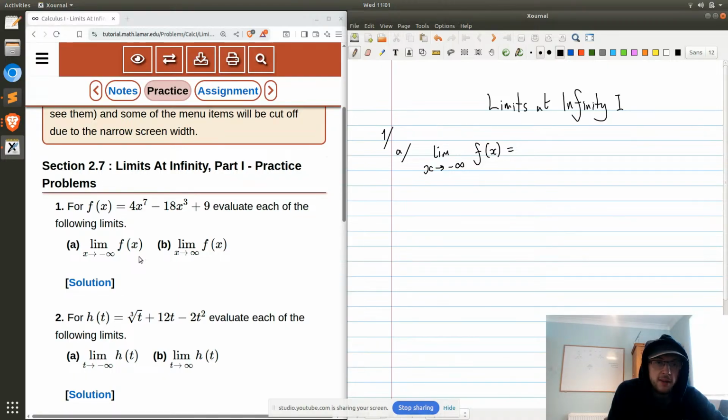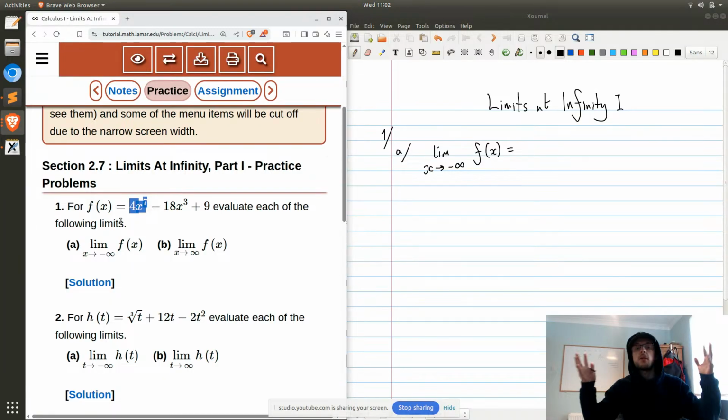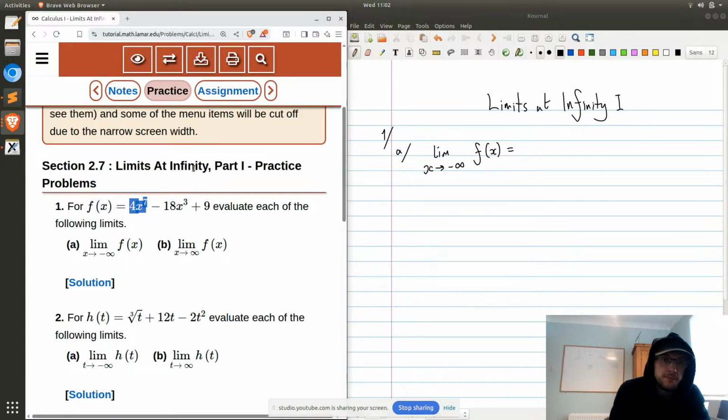I would think to myself, okay, well, these two terms here, the cubic term and the constant term, are going to be overpowered by this 7th power term when I keep on putting in numbers that are bigger and bigger and bigger, whether they're positive or negative. So I only need to concentrate on that very first term.